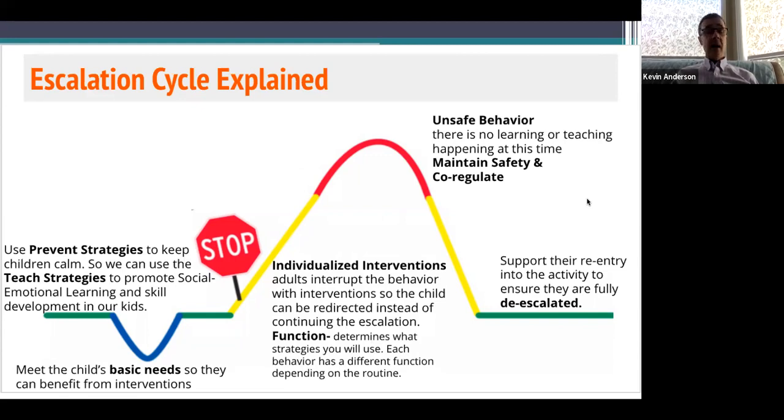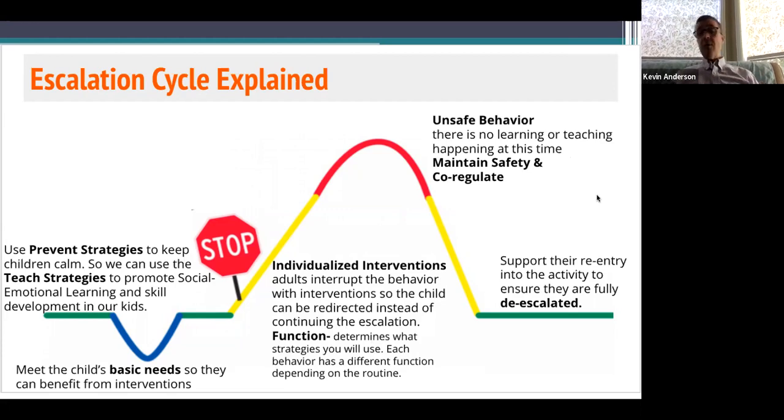In what we're talking about tonight, this is when we need to be teaching our children the skills they need in order to avoid those instances where challenging behavior suddenly appears. So we use prevention strategies to keep children in that green zone. These are those strategies that you as a parent know help keep your child calm and ready to learn.